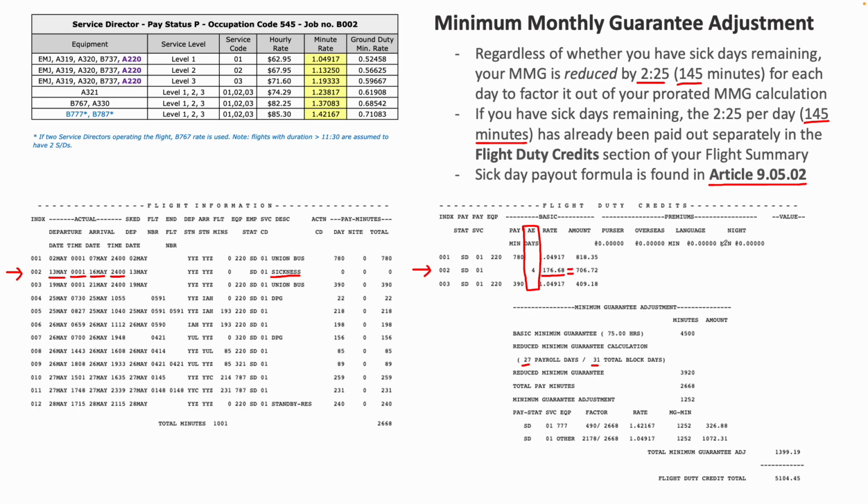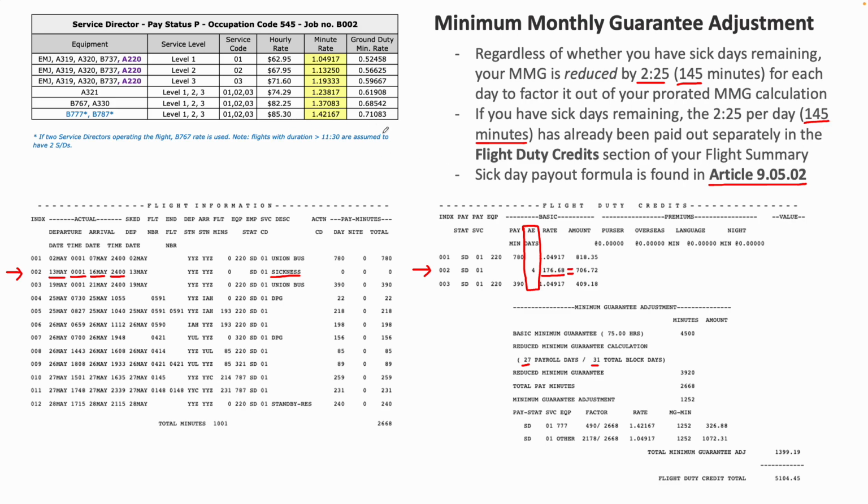The easiest thing to do is you can look in units of minutes for each day that you're off sick, remembering that 145 minutes is the amount of time that's represented in units of minutes on your flight summary. Multiply that by 4 in this case, and then you would take that number and multiply that by the narrow body rate applicable to you.